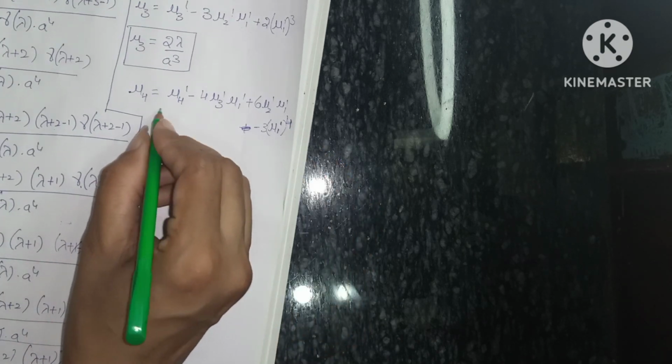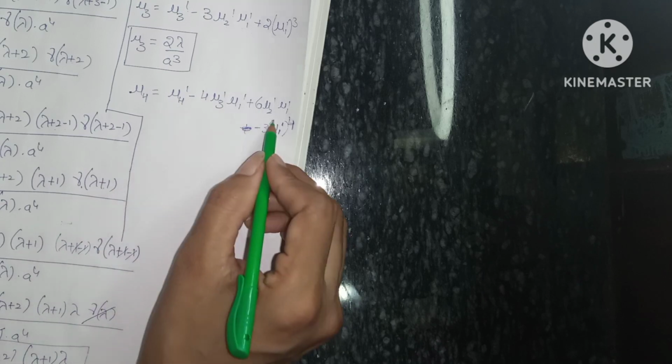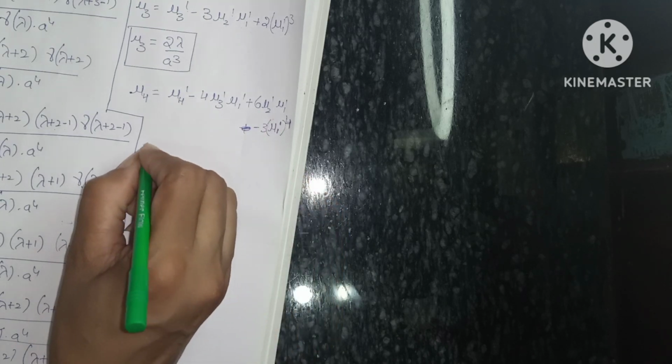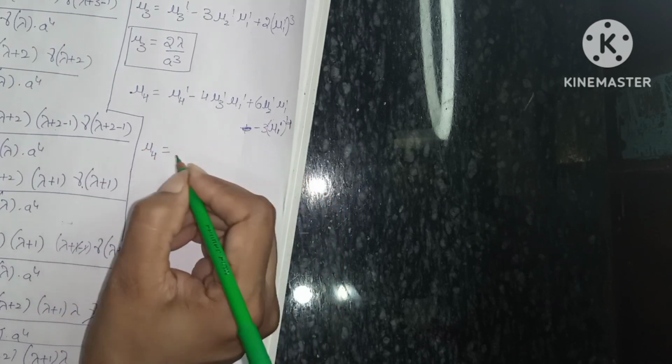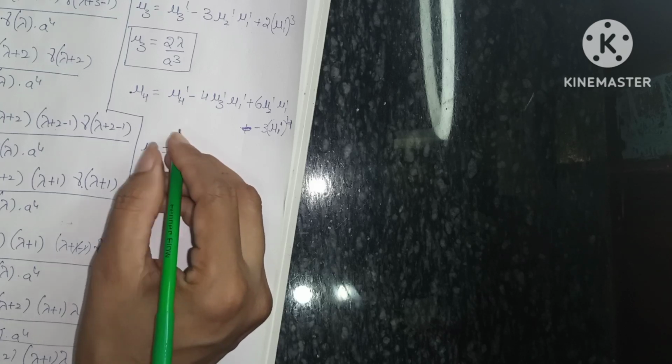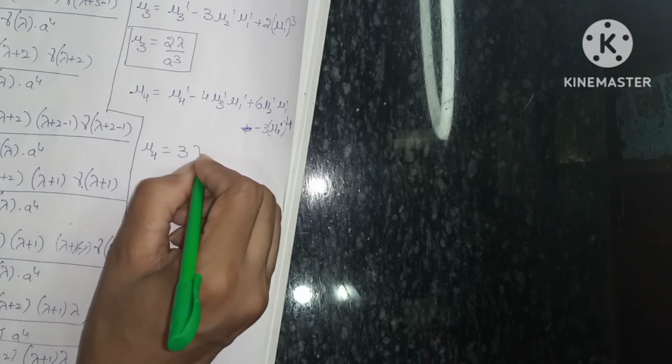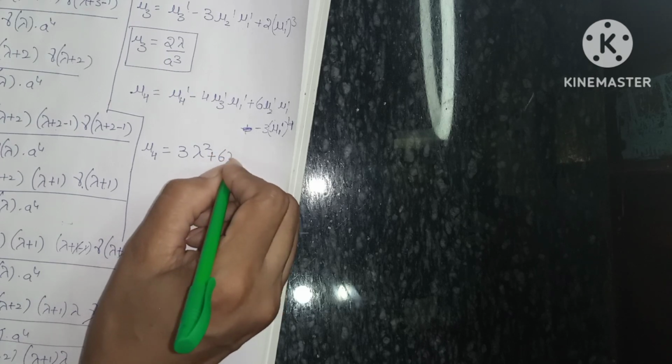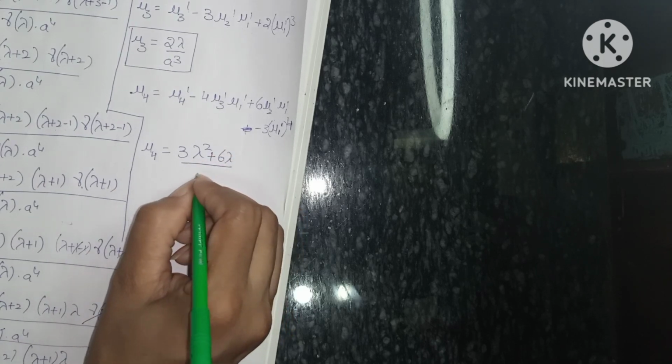After substituting the values in this formula and on simplification, we get the mu4 answer as 3 lambda square plus 6 lambda by a power 4.